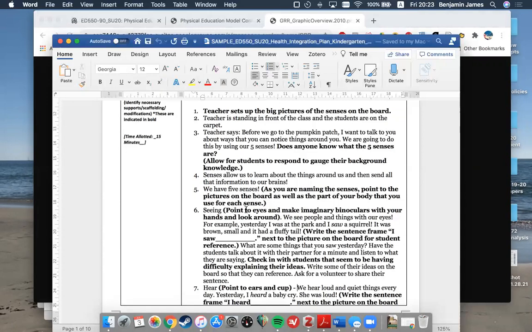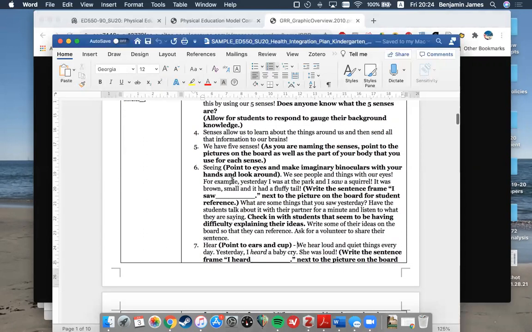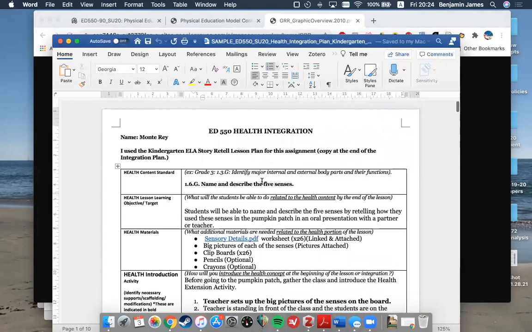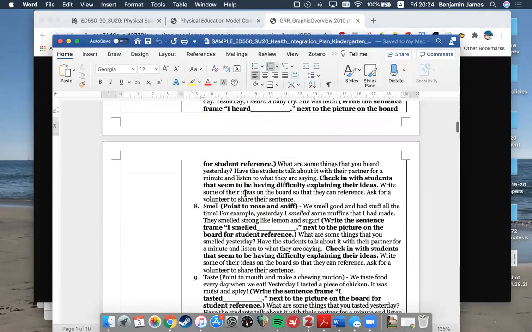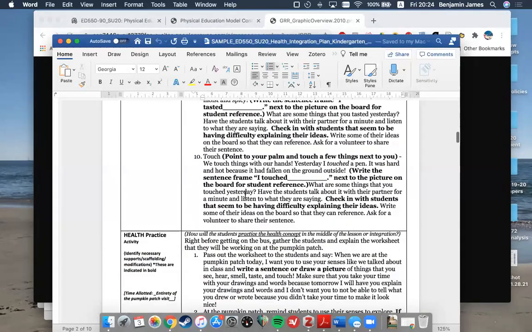And the teacher points to their eyes and makes imaginary binoculars. We see people and things with our eyes. For example, yesterday, okay? So really clearly modeling this skill, which is to name and describe the 5 senses. And the introduction goes through that really well.